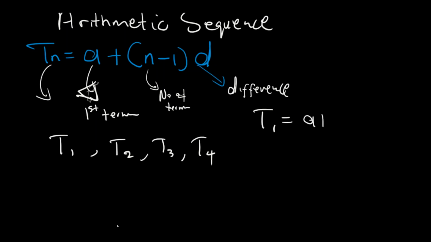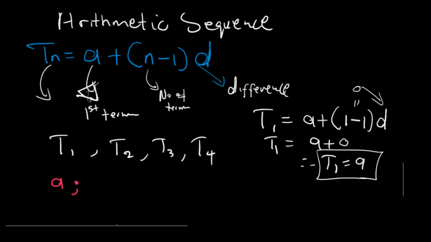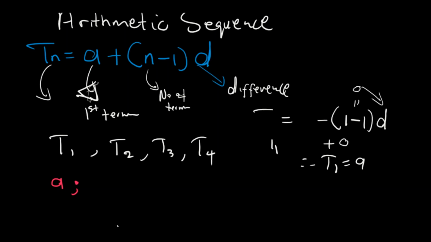So it's going to be a plus (1 minus 1) multiplied by d, right? Of which a plus, so 1 minus 1 gives us 0. So meaning this 0 multiplied by this d gives us 0. So term number 1 is equals to a plus 0, right? Which is actually T1 is equals to a, right? So this is term number 1. We're going to write it here as a, right?